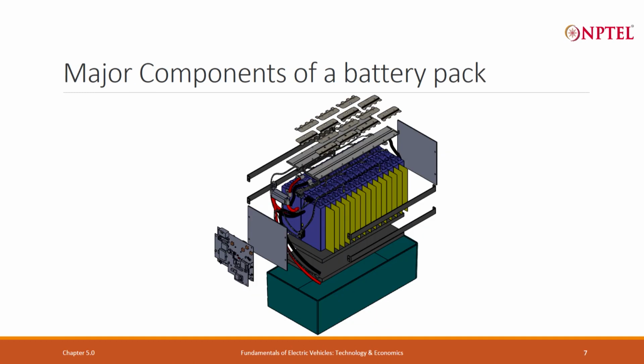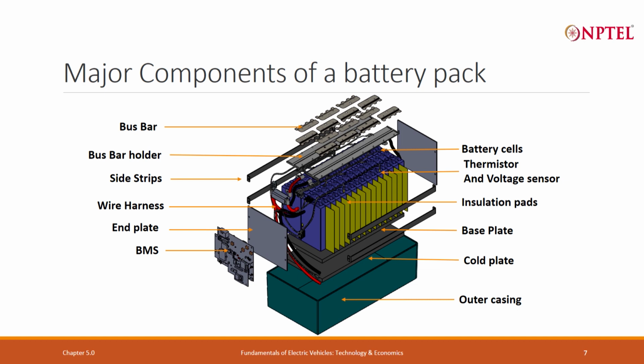Then we have also seen what are the major components of a battery pack, and we talked about all the components of a battery pack, like battery cells, insulation pads, base plates, side strips, end plates, cold plates, bus bar holder, bus bar, thermistor and voltage sensors, wiring harness, BMS, outer casing and all together.